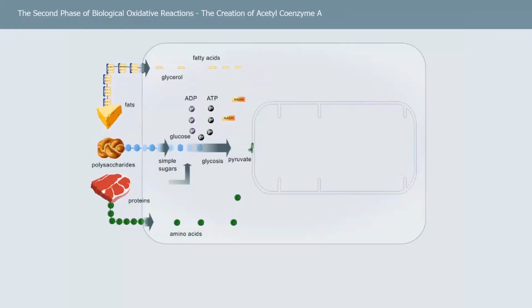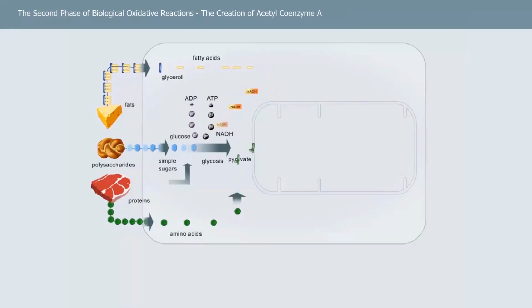NADH goes to mitochondria where it is needed for oxidative phosphorylation, during which ATP is created from ADP while consuming oxygen and creating water. Pyruvate can also be created by transformation of some amino acids.